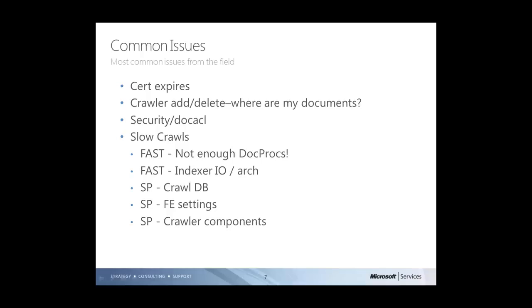What that looks like is a crawler will just kind of run forever, and you don't really realize why. You start getting customers asking, why is this data not updating? Why are these security bits not being changed? It's basically because your cert's expired, and I'll show you an easy way to test that, and a nice little script later on to just dump into a task and have it email you.